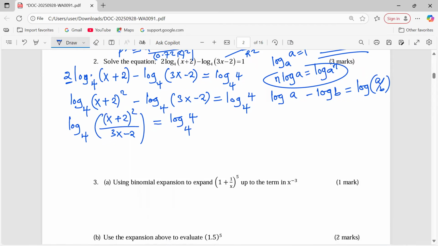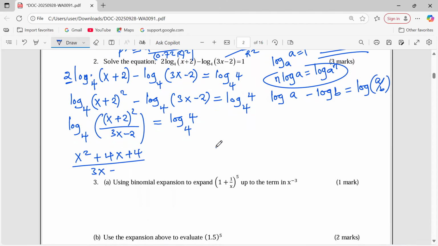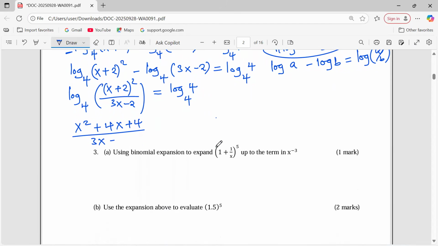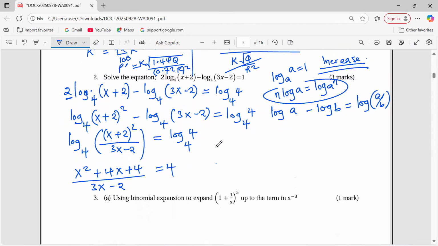At this point, we can now drop logarithms, then we equate the left-hand side to the right-hand side, giving us, I have to expand, x squared plus 4x plus 4, over 3x minus 2 equals 4. That's after dropping the logarithms.